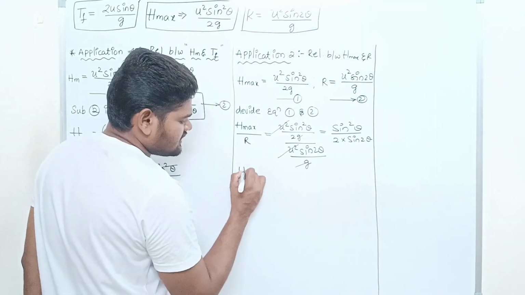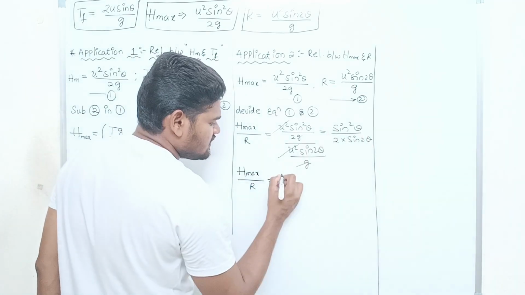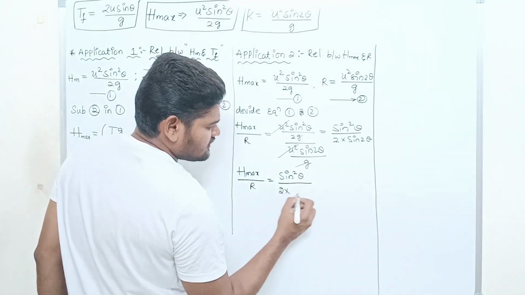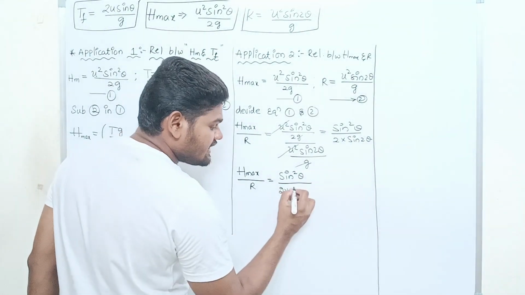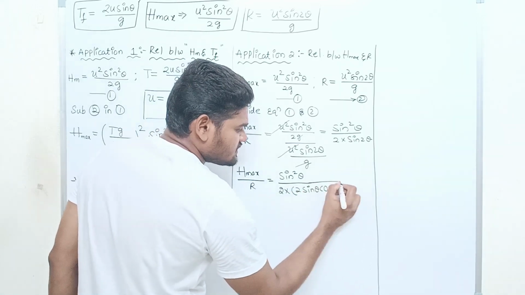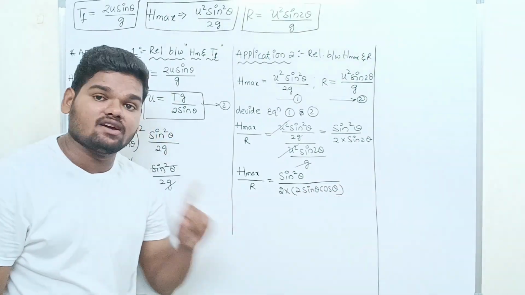So h maximum by range is equal to sin square theta divided by 2 into sin 2 theta. Sin 2 theta can be written as 2 sin theta cos theta. Just now I told you the formula: sin 2a is 2 sin a cos a, so sin 2 theta is 2 sin theta cos theta.